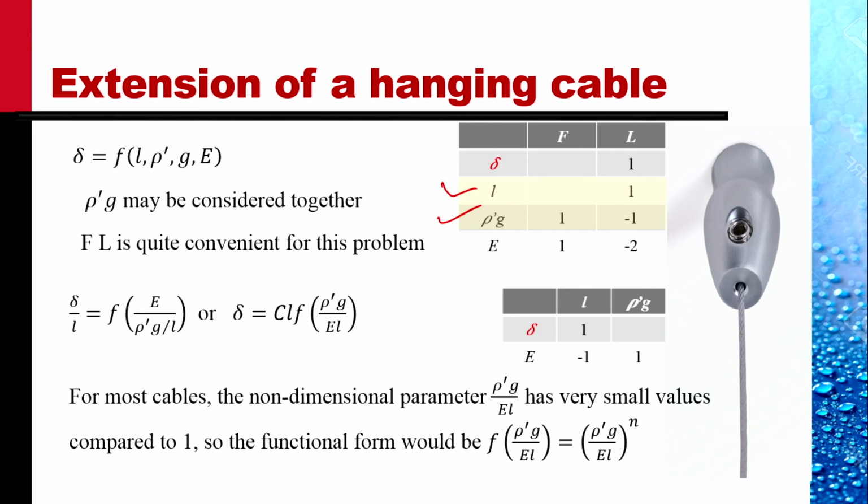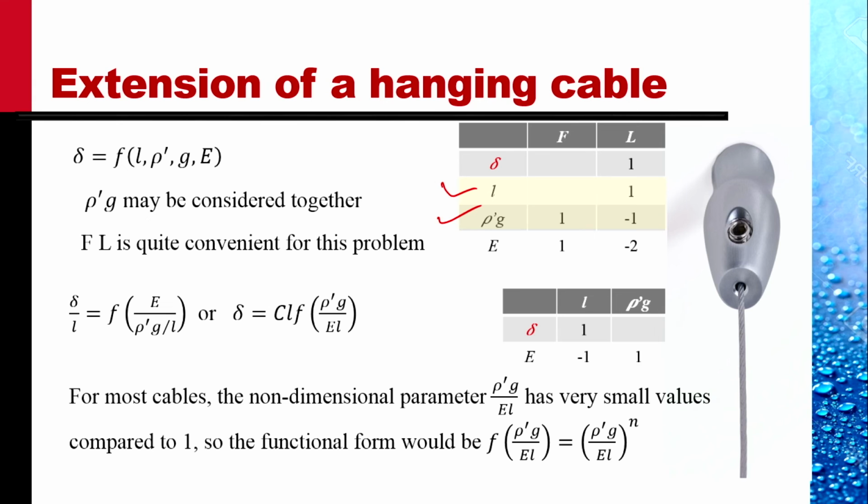Now for most cables, the non-dimensional parameter rho prime g divided by E L has a very small value. Rho prime would typically have a value in the SI system of 10 to the power 3 or so. g has a value of about 10. So the numerator is about 10 to the power 4. The value of E, the elasticity, for most materials is of the order of 10 raised to the power 8 to 10 raised to the power 10.